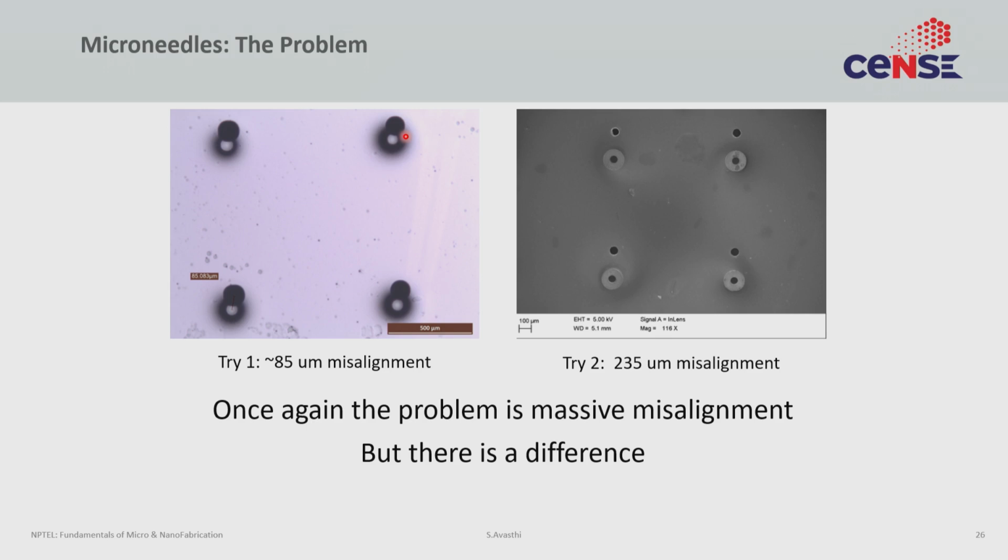Now, unlike the previous problem where the misalignment was consistent at around 100 micron no matter what we did, here the misalignment was random. In one case we got an 85 micron misalignment, here we got a 235 micron misalignment, so completely off.